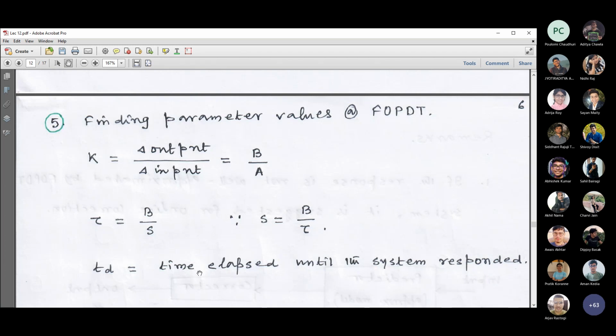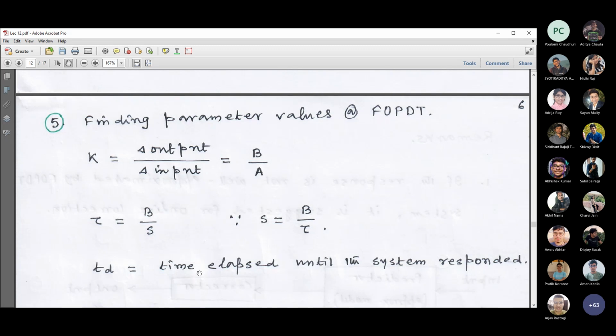Cohen-Coon approximated that this response, y versus time, is a sigmoidal shape, which I have shown graphically. This sigmoidal shape we can mathematically represent by the first order plus dead time transfer function, which has three unknown parameters, k, tau and td. Here it is shown how we can determine them.